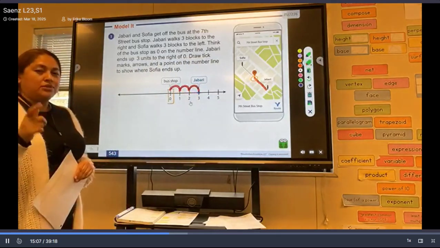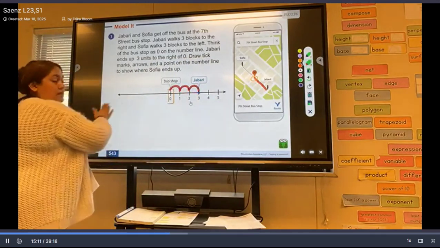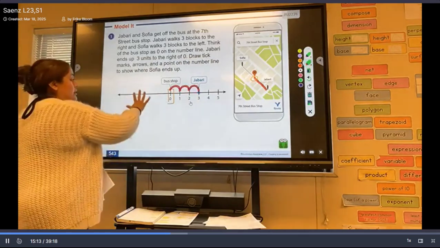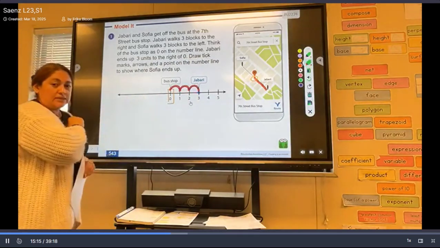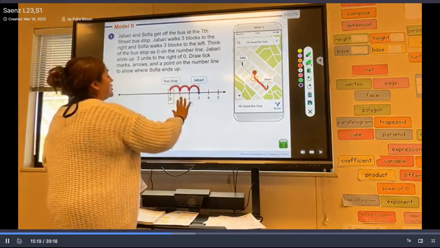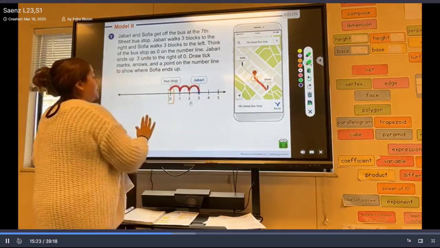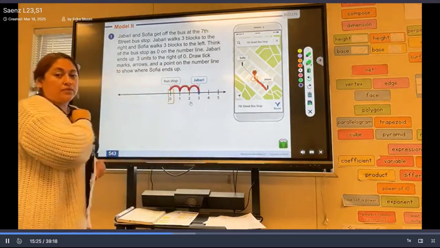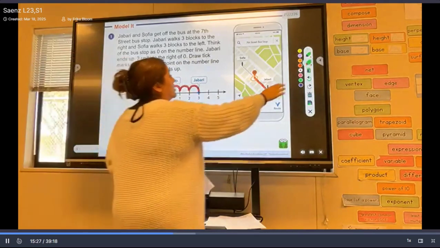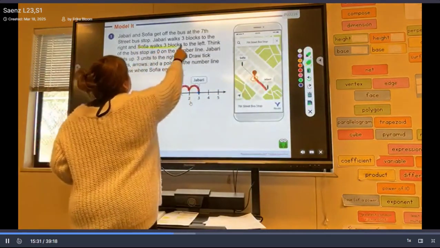So your job, and it should take you no more than a minute or two, is to complete the other side of the number line. As you can see, this side of the number line is incomplete. You are to label the left side using the same distance from 0 to 5, and then also plot where Sophia would be. Don't forget, Sophia is at 3 blocks to the left.